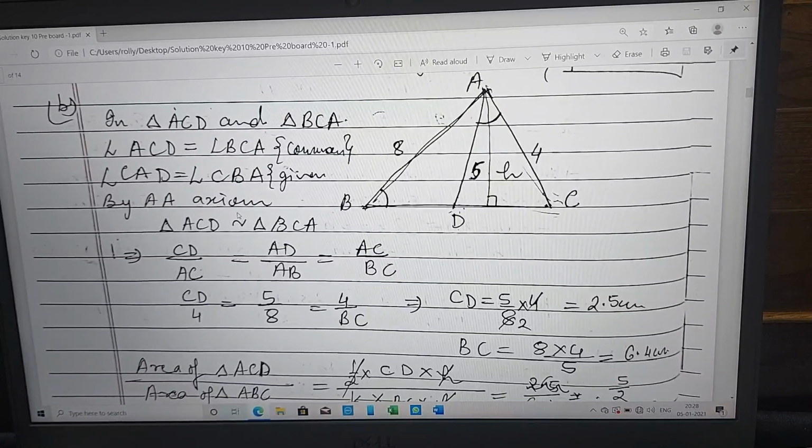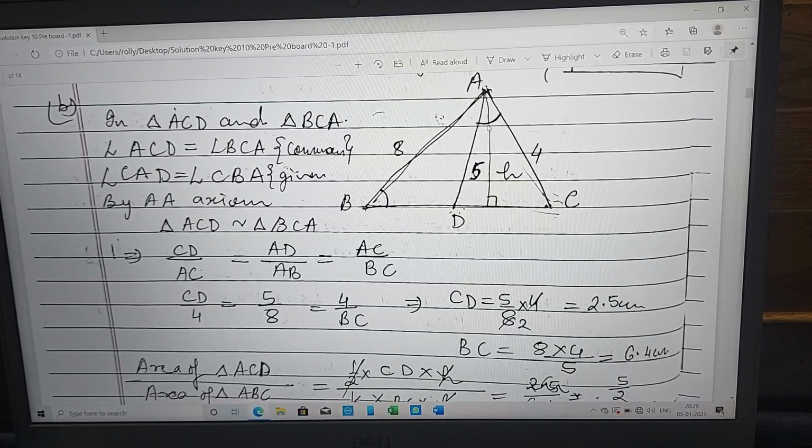So we are taking CD upon AC. CD is the side of the small triangle ACD, and then we are taking the side of the big triangle ABC. As you can see, CD is the side which is opposite to angle A. Angle A means angle CAD, which was given.